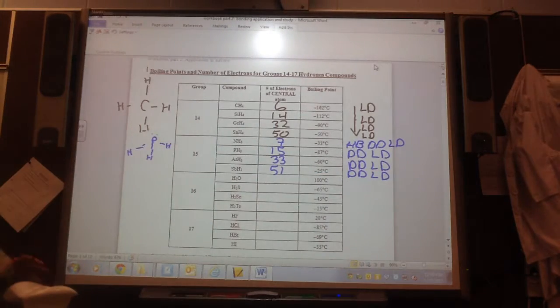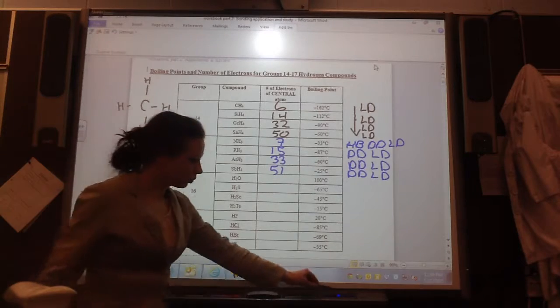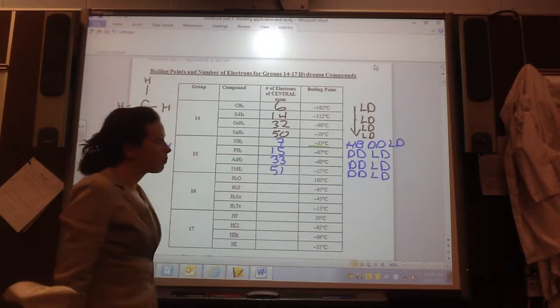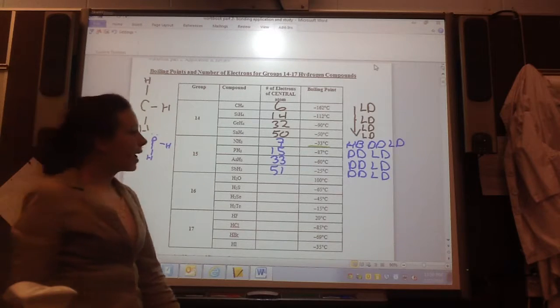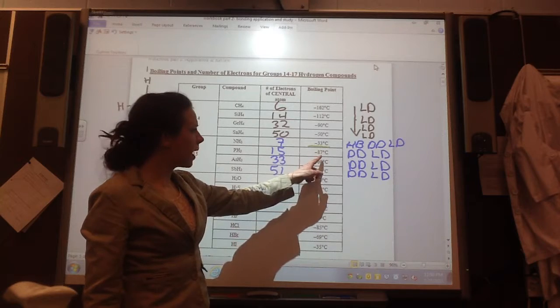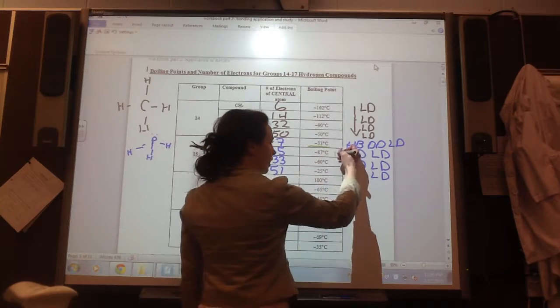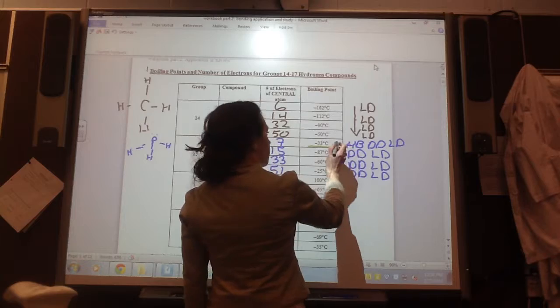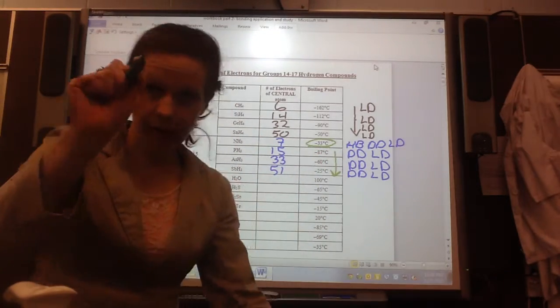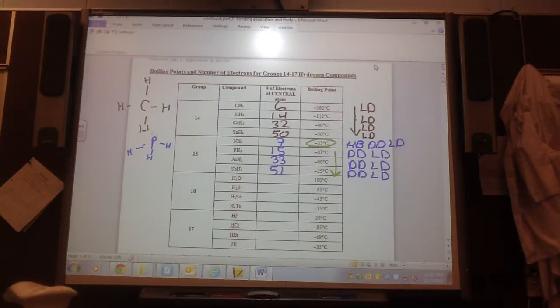Okay, so look at this. This one starts at minus 33, okay? And then it goes back down to minus 87, and then it increases, okay? So this one is kind of a weird one. Is it because of the hydrogen bond? It's because of the hydrogen bond. Very good.